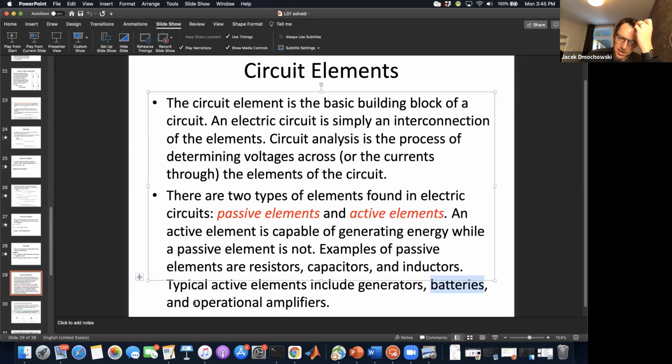So an amplifier is also an active element, because even though an amplifier requires an energy supply, it amplifies that. So in a sense, it multiplies the energy that's applied to it. So it's an active element. And a generator is another type of active circuit element.